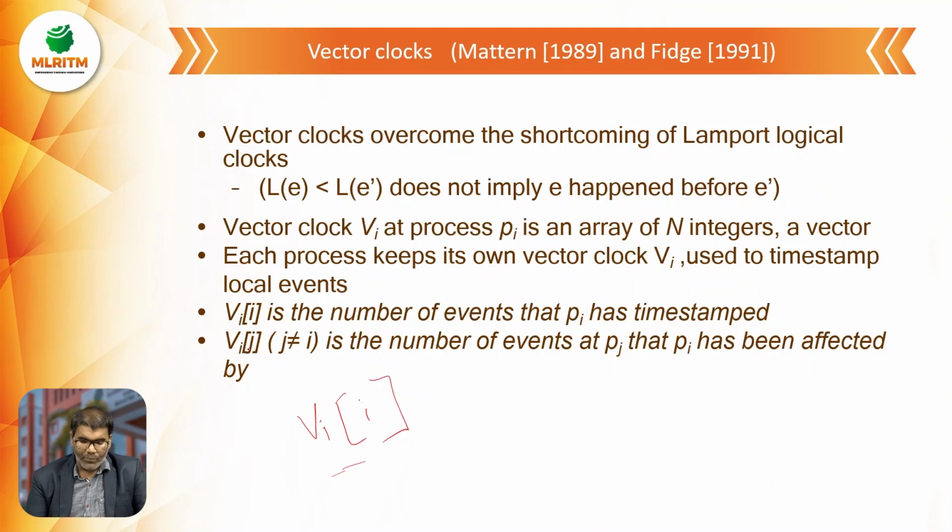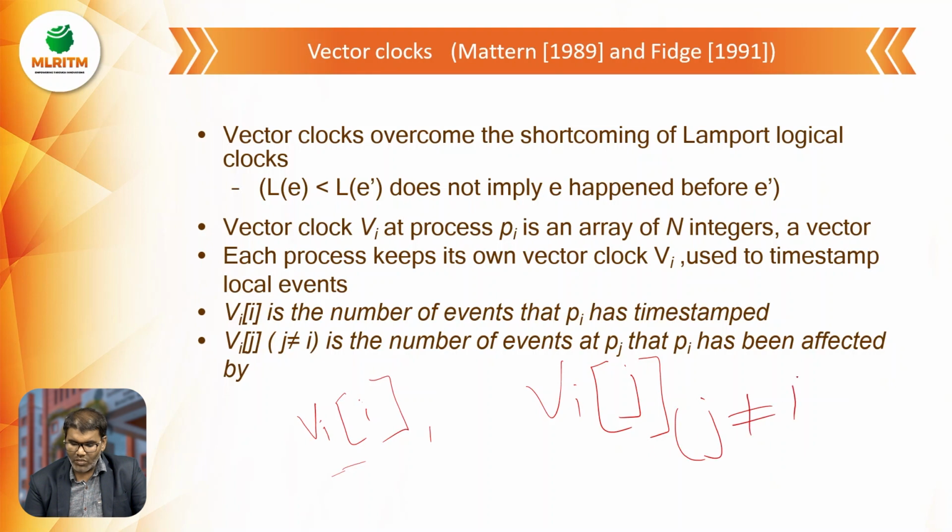Next one is Vi[j], where j is not equal to i. It is the number of events at a process Pj that Pi has been affected by.